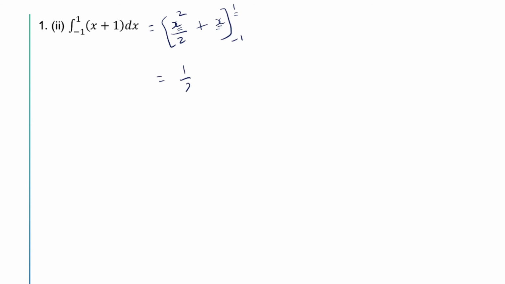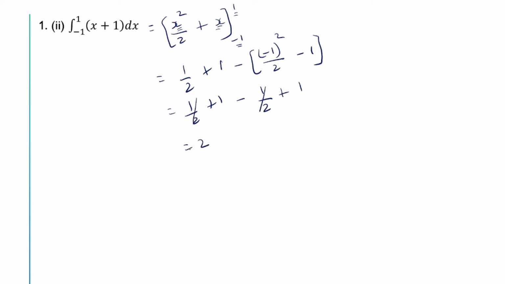So it is 1 by 2 plus 1 minus, then substitute the lower limit. Lower limit will be minus 1 the whole square by 2 minus 1. So it is equal to half plus 1 minus, minus 1 the whole square is again plus 1, so it is minus half plus 1. So plus half and minus half will go. This is equal to 2.